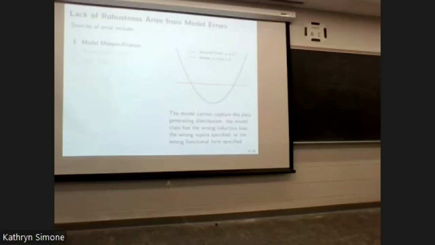We have the wrong bias, or we've specified the wrong inputs in the model, or the functional form is wrong. That's more obvious in the case of fitting polynomials, but the concept extends to neural networks. Is it deep enough? Is it wide enough? Should you be using connected layers? Should you be using a recurrent network?